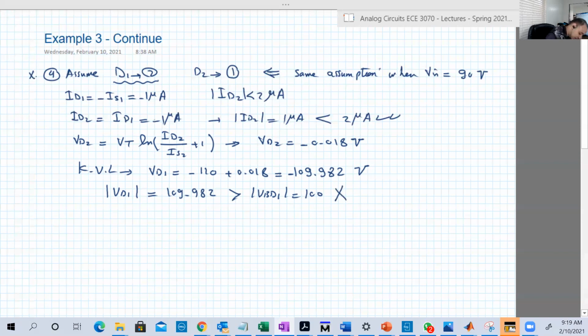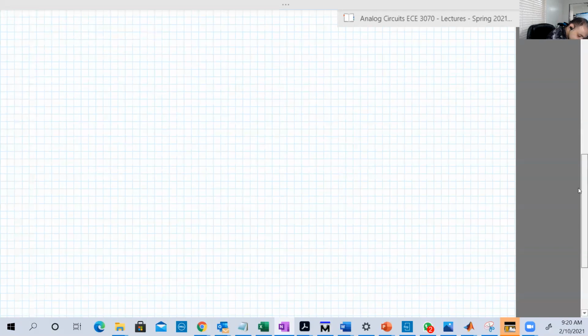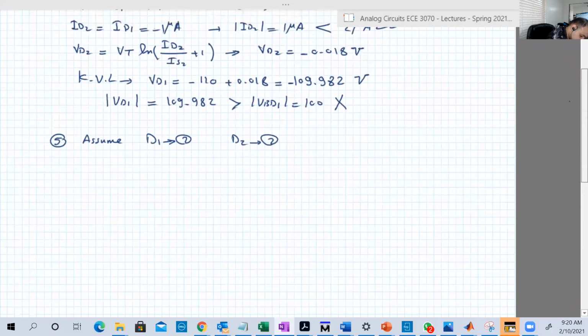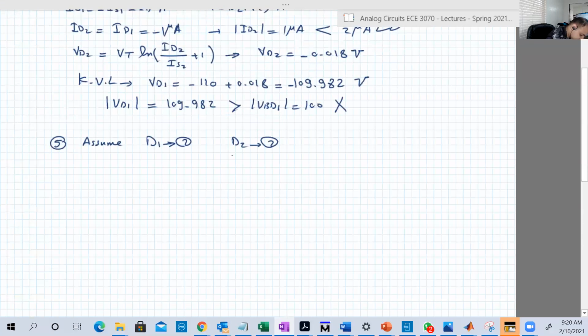Okay. Now, let's assume another one. Assume D1 is in 2, D2 is in 2. If we assume that D2 is in 2 and D1 is in 2, that means that ID1 equal to minus IS1, minus 1 microampere.